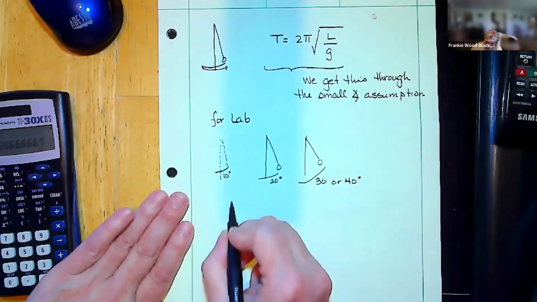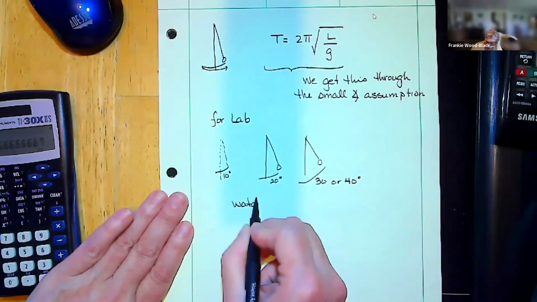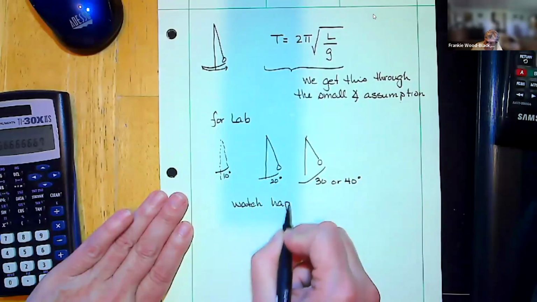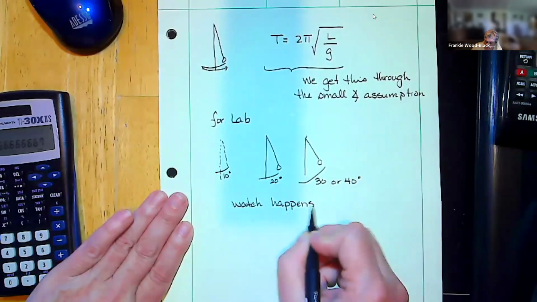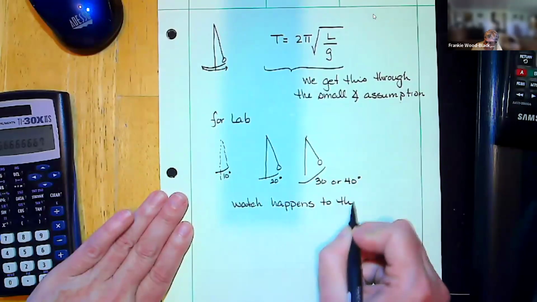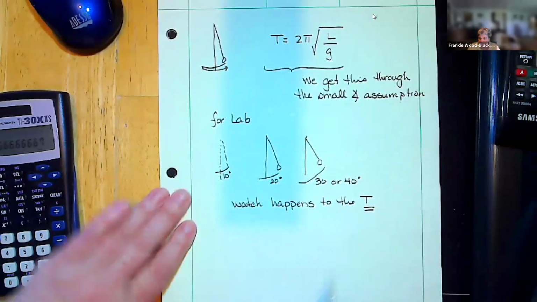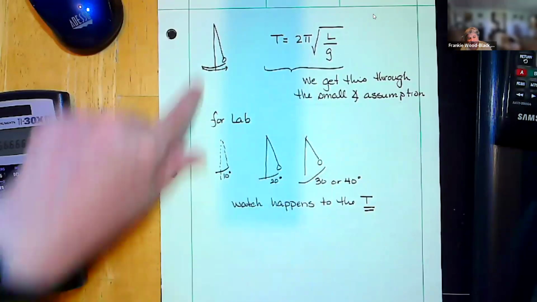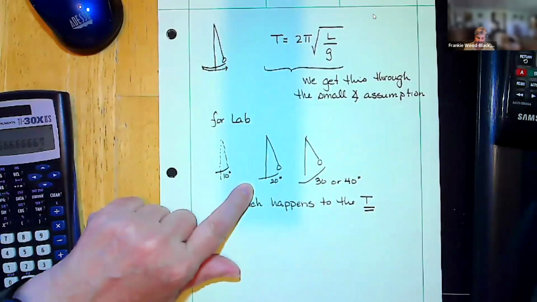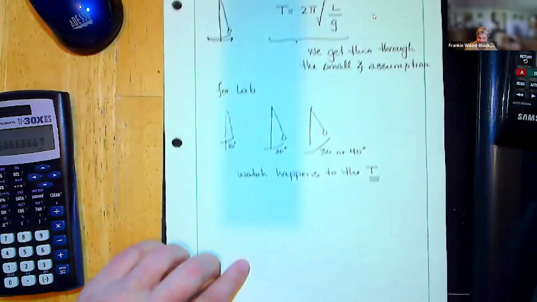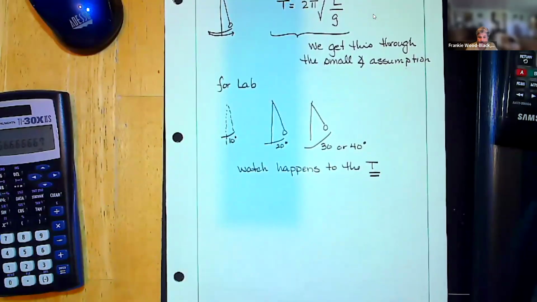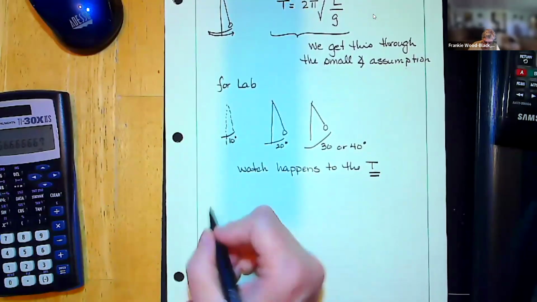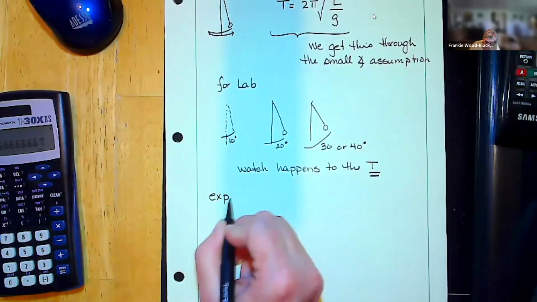I want you to watch what happens to the period. Now, for those of you who didn't go through physics 1 with me, here is what I'm expecting in the graph.